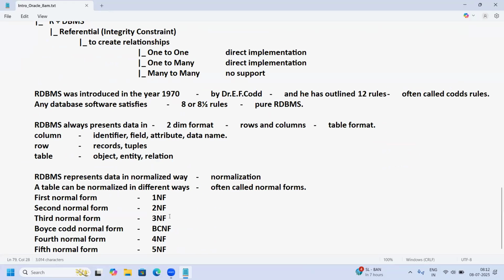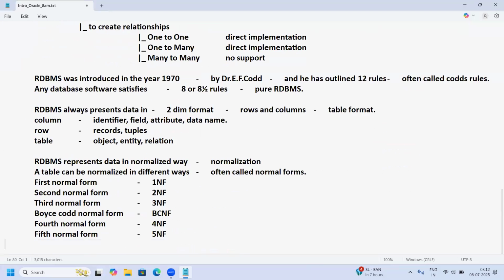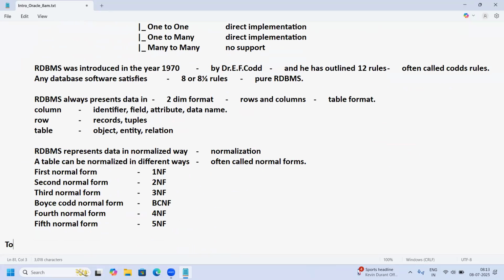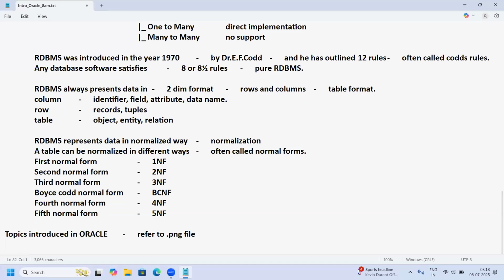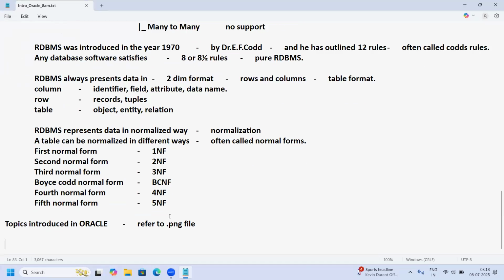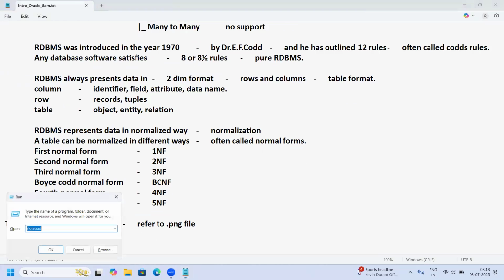Today, we are going to learn about the topics introduced in Oracle. Refer to the .png file. I'll come up with all the topics which Oracle Corporation has introduced for a developer to learn Oracle.